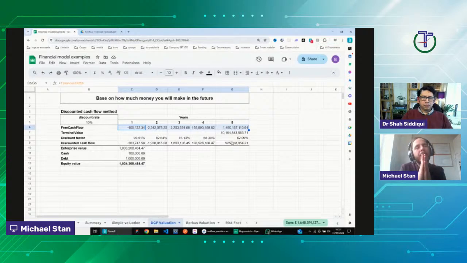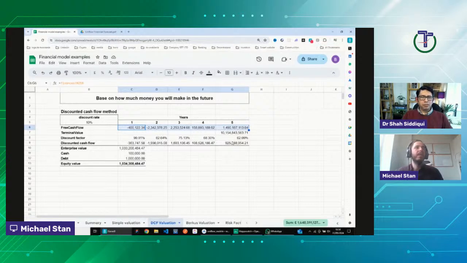That model allows investors to see how much money you will generate in 5 years, and how much that money will be worth based on the value of money today, because of inflation and the cost of money, money in 5 years will be worth less than it is today. So that valuation method shows the investors how much money in the future will be worth today.